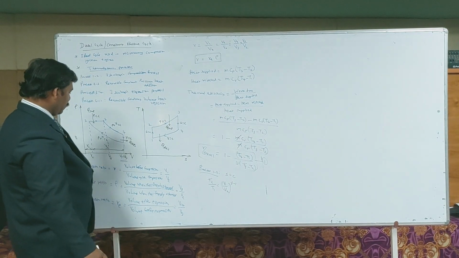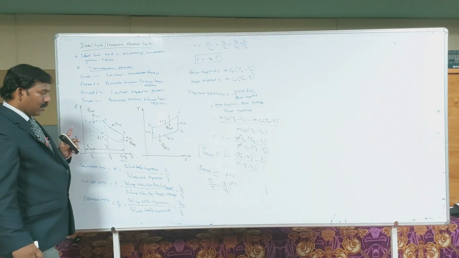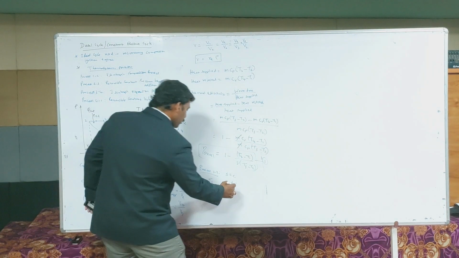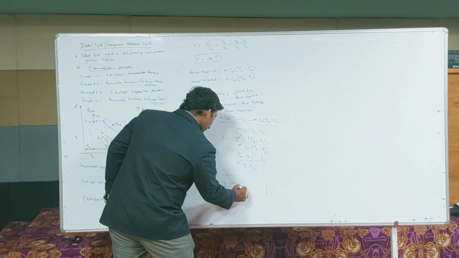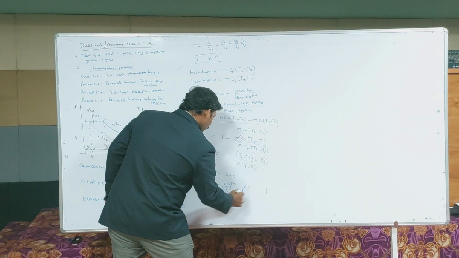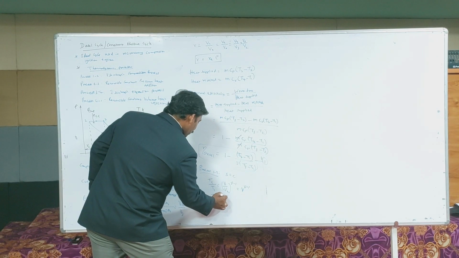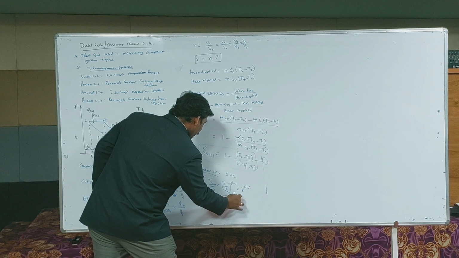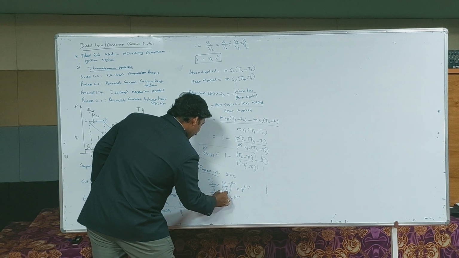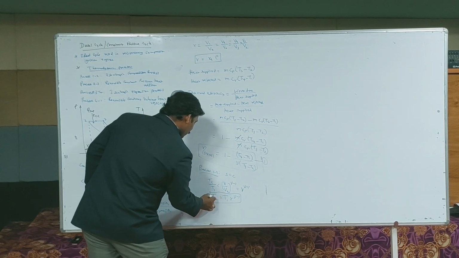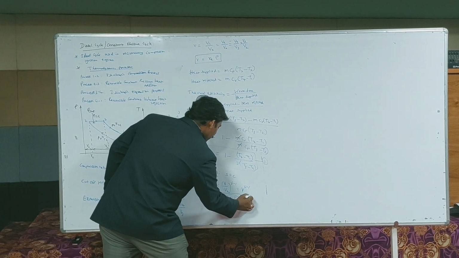What is V1 by V2? It is the compression ratio R. So, we can write T2 as T1 into R power gamma minus 1. So, this is expression 2.